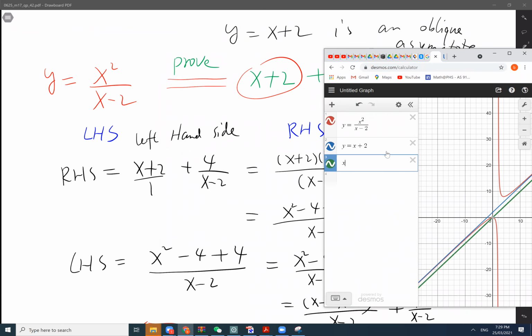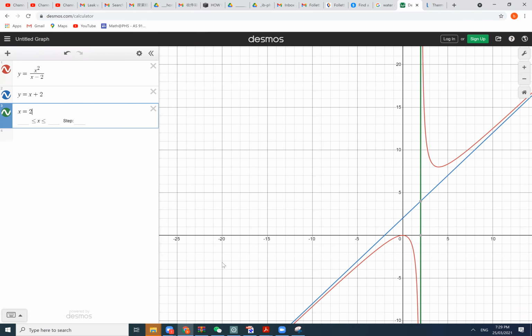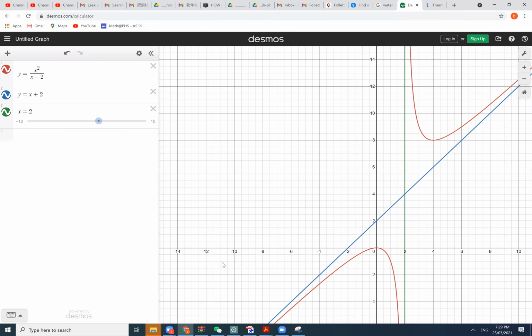Eden, what's the vertical asymptote? x equals, or x cannot be in this formula, 2. Yeah, 2. So now we have this graph here. You have 2 asymptotes.